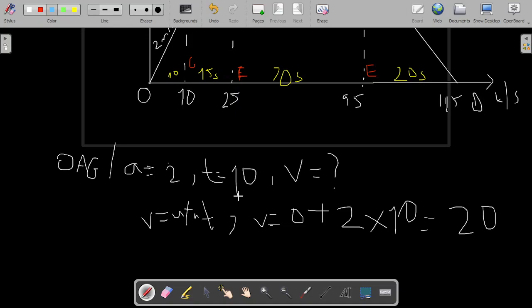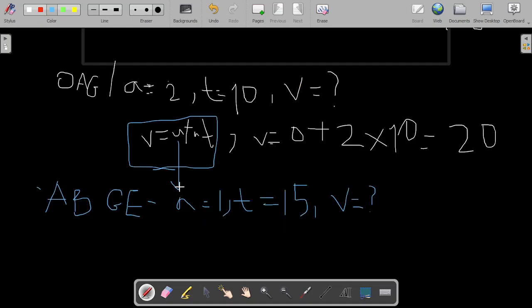Okay, now based on what we have here, since we have the formula v equals u plus at, we find out that u here indicates the initial velocity. For this one, the final velocity is the one we are finding, while the initial velocity is still unknown as well.